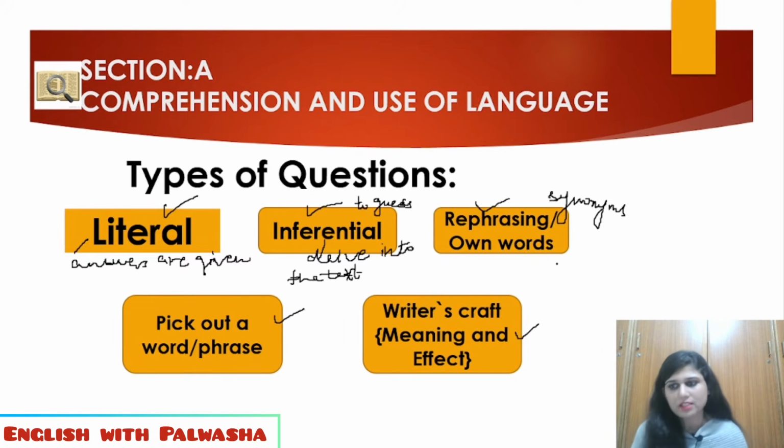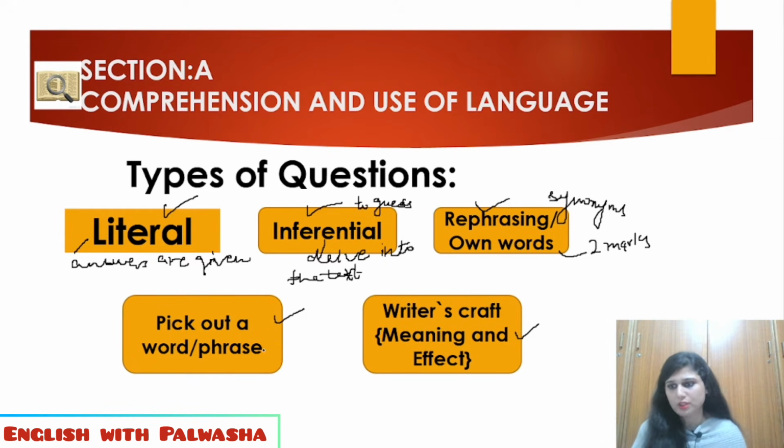Whatever the question is, there would be two limbs to it, two words or two phrases to be recast, and you have to rephrase them in your own words and get 2 marks, as such questions carry only 2 marks. But of course each mark counts and is worth it. You have to work on every single part wholeheartedly.